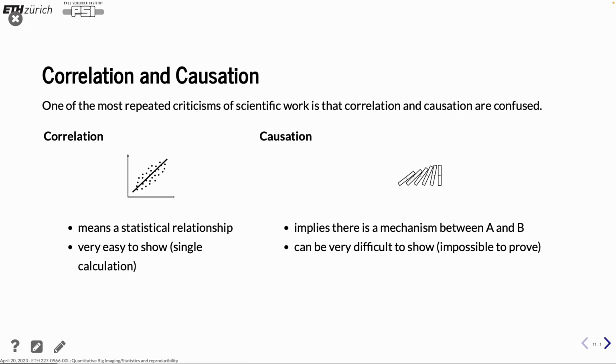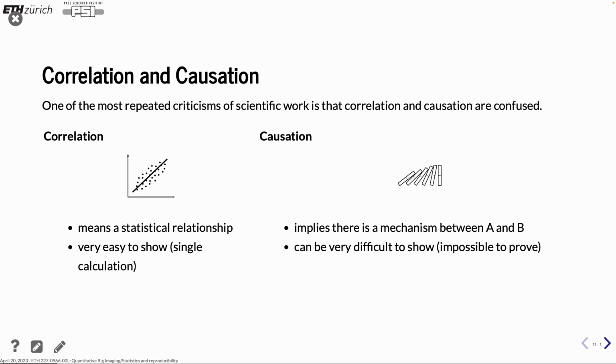And one thing we want to do in our experiments is to prove something. And there are two things that we want to analyze in our images, and one is correlation and the other is causation. With correlation, we can do a statistical relationship between different variables, and it's usually quite easy to show.